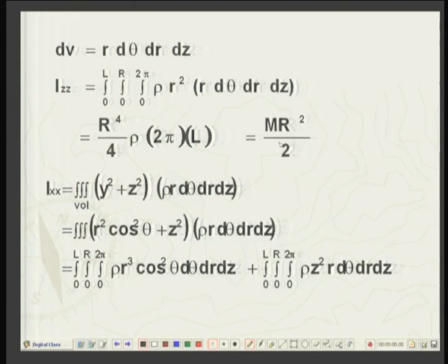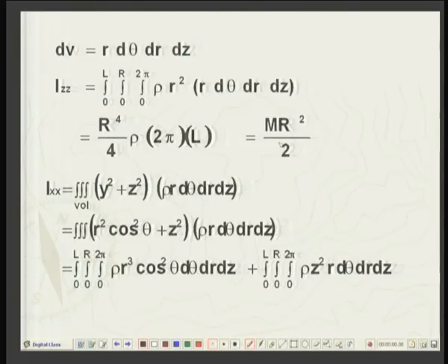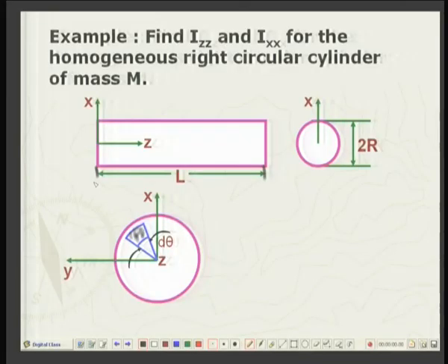Ixx, you can recall x was along the diametral direction. So, about any diameter, if you want to find the moment of inertia, then it is the integral of y² plus z² times rho times dv, that is r dθ dr dz. Once again if I go back to the figure, this is the radial direction r.